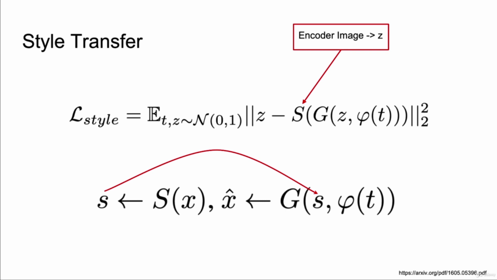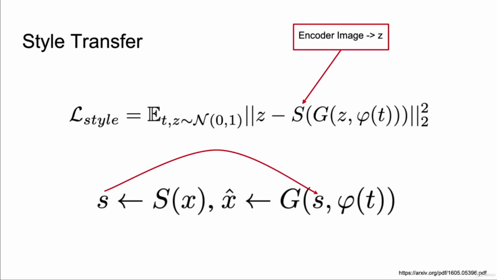We do this by minimizing the squared distance between the input Z and the output Z. And we do all this after we have already trained the generator to generate realistic samples.